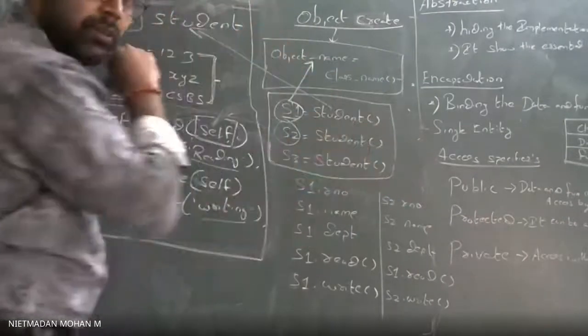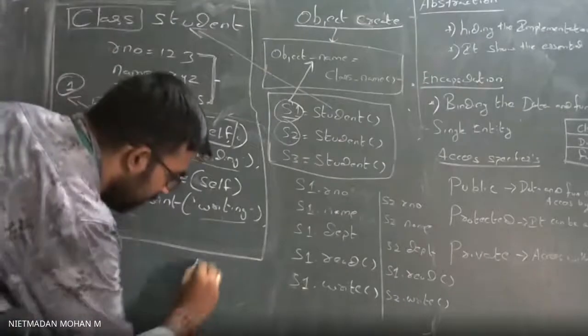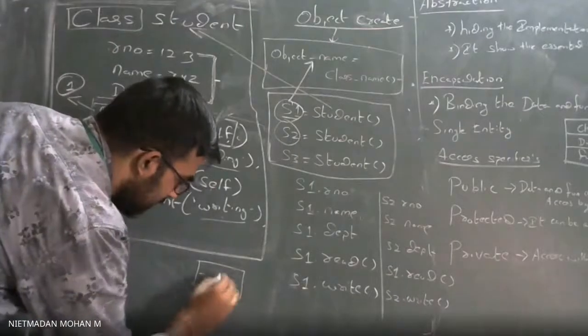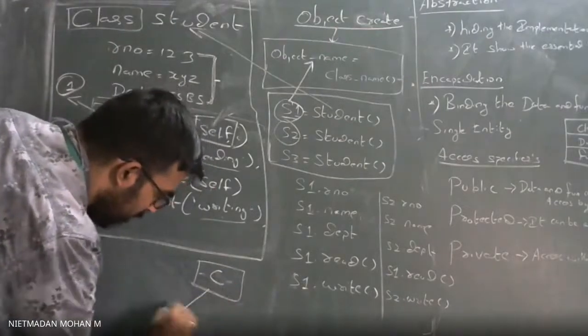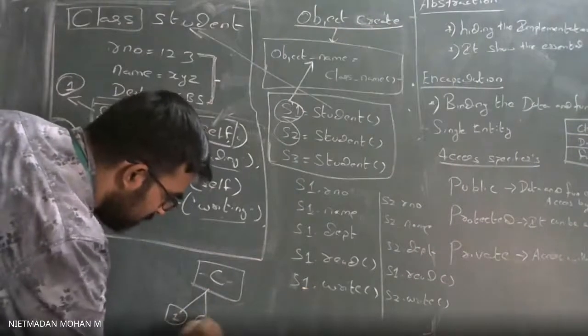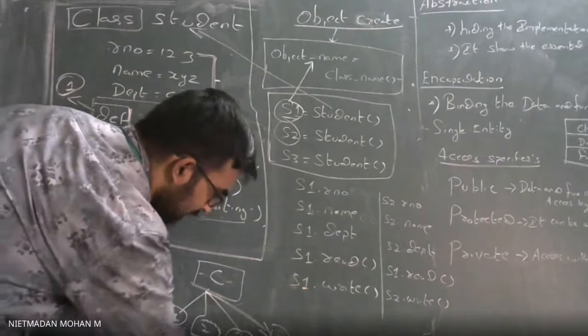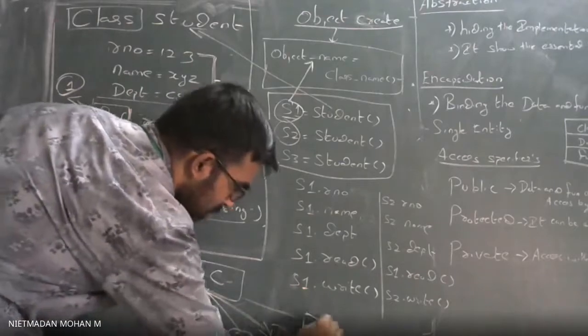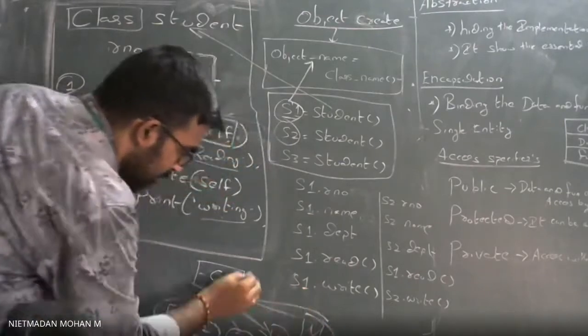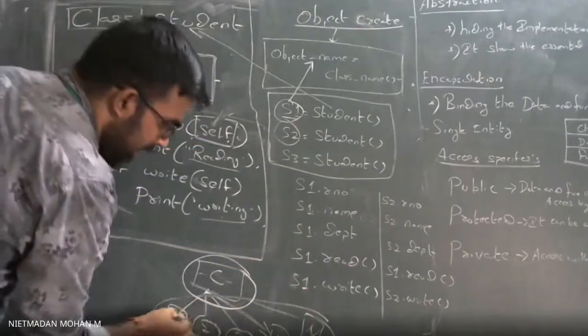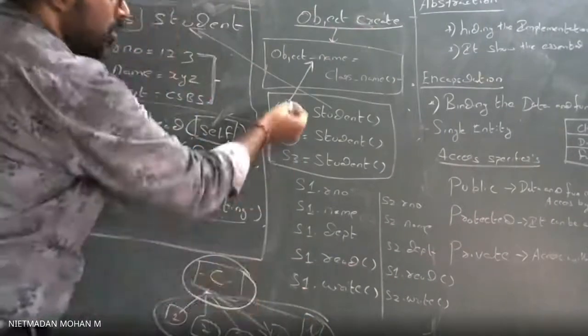One more thing I want to represent here. If you are creating a class, n number of objects can be created by using the reference of the class. Based on this particular class, you can create n number of objects. So how many objects have I created now?